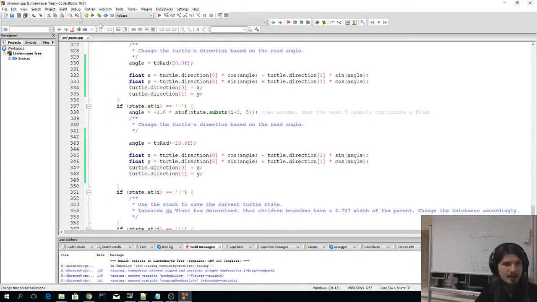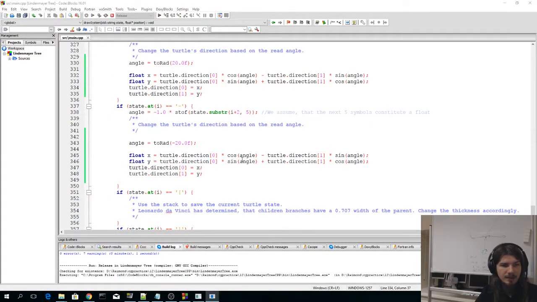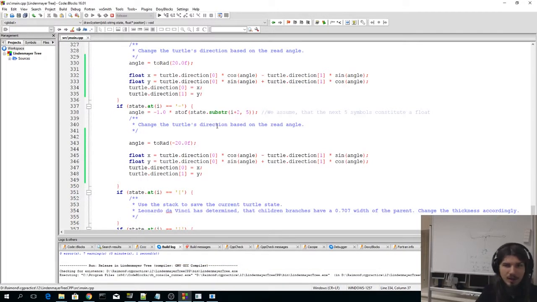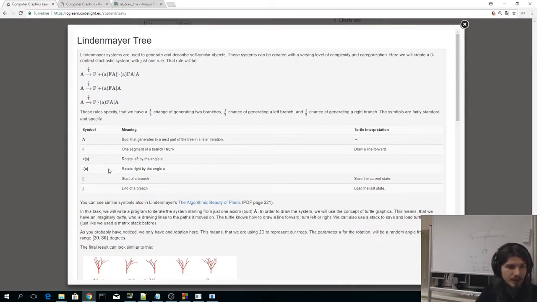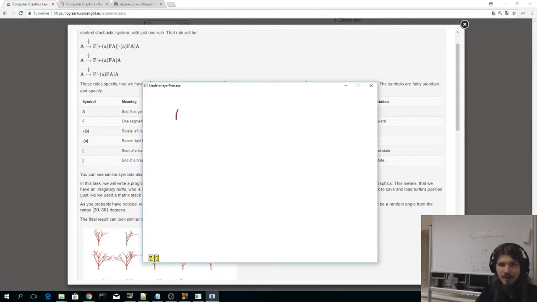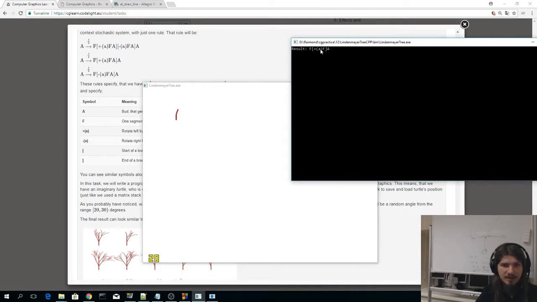Okay, and let's see if this made any change, and it did. Now we have this rotation to the right, which might not be correct. So if we look at the description, plus should rotate to left, but currently we have rotated right, although there's a plus here.